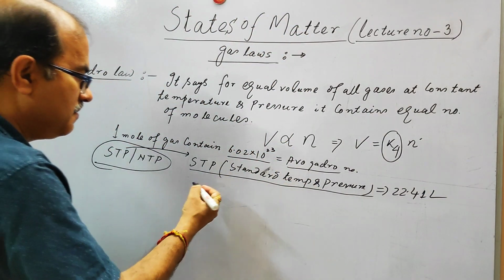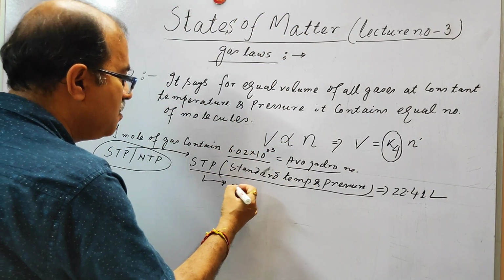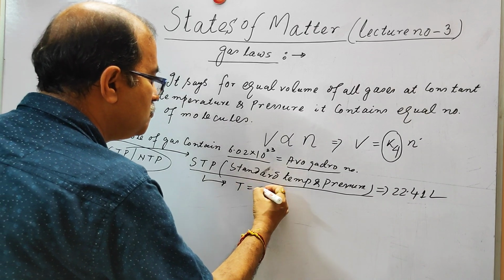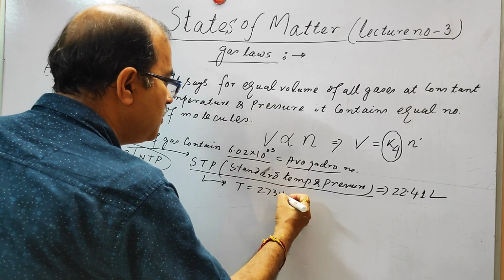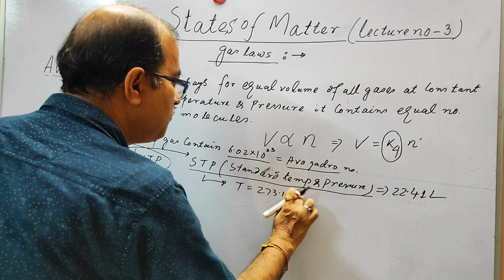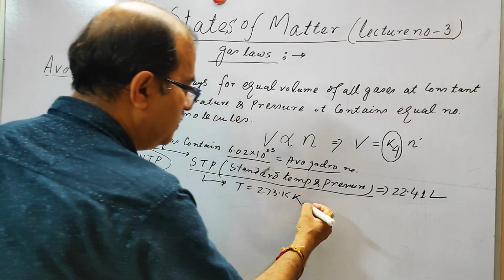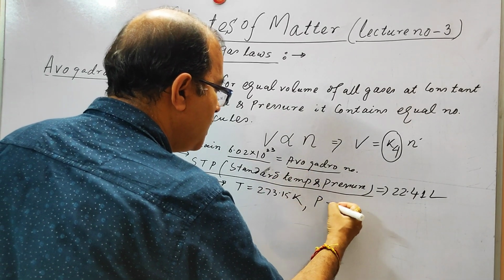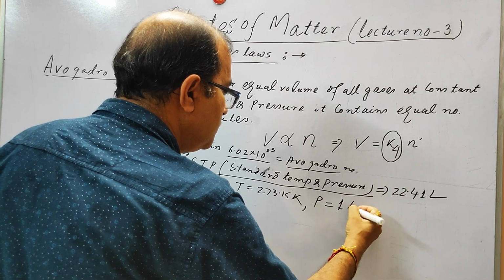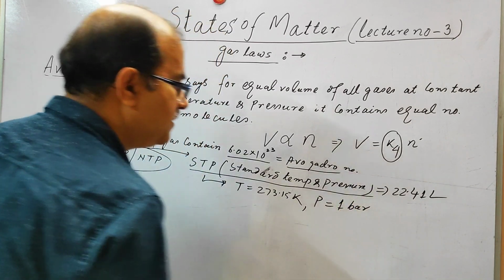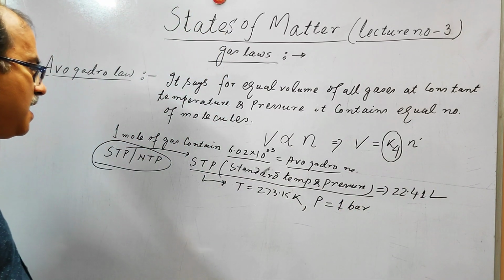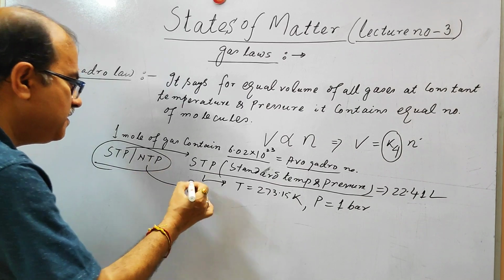And what is the standard temperature? The temperature is 273.15 Kelvin and the pressure is 1 bar. This we call standard temperature and pressure. And NTP, what is NTP?